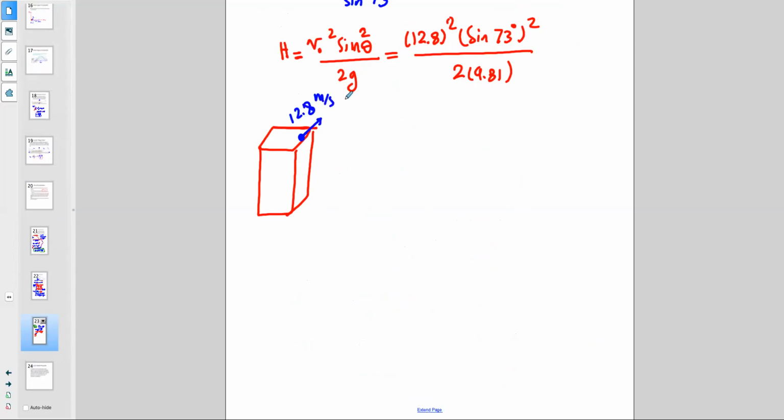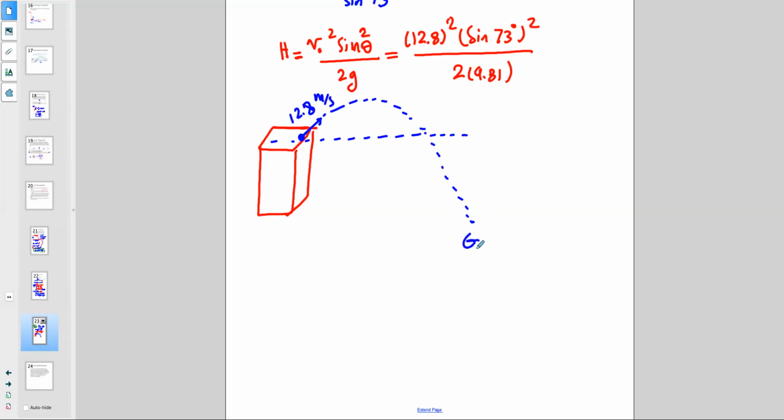Then what you have is it is going all the way, getting to this point, and then falling down to the ground.